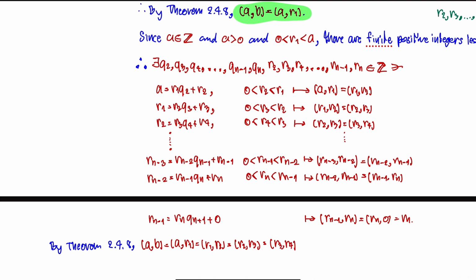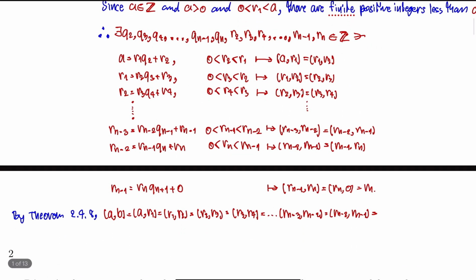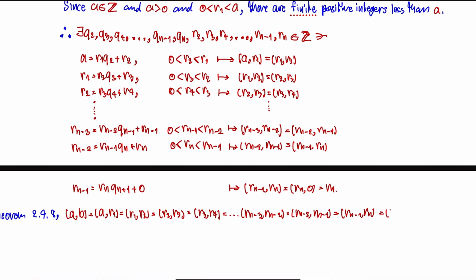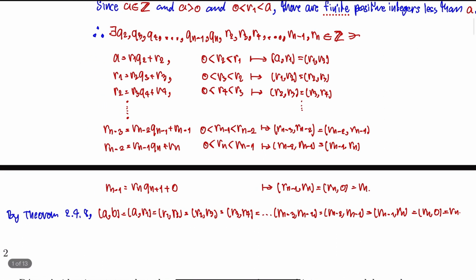Okay, and all the way and so on to the greatest common divisor of Rn minus 3, Rn minus 2 equal to the greatest common divisor Rn minus 2, Rn minus 1 equal to the greatest common divisor of Rn minus 1 and Rn. Okay, and it turns out to be the greatest common divisor of Rn and 0, which is the greatest common divisor of Rn. So this number right here is now the greatest common divisor of A and B.